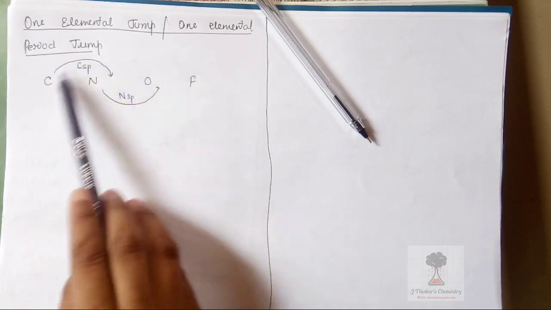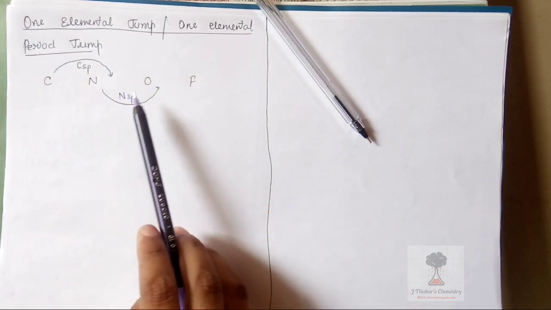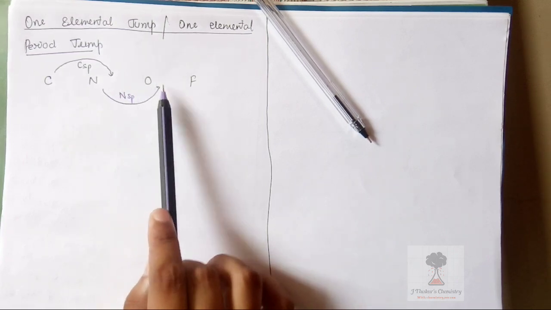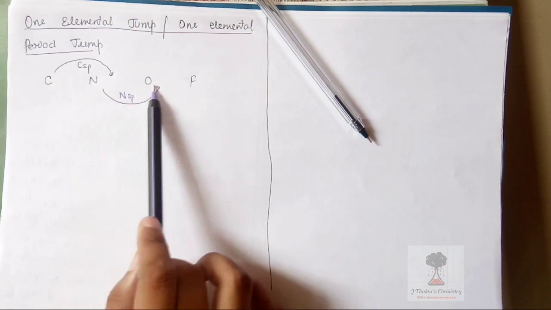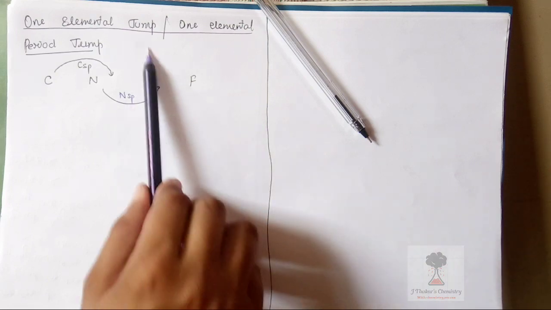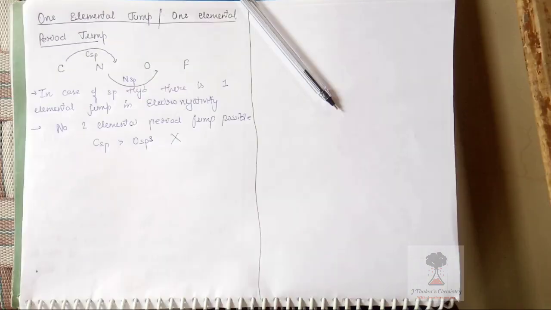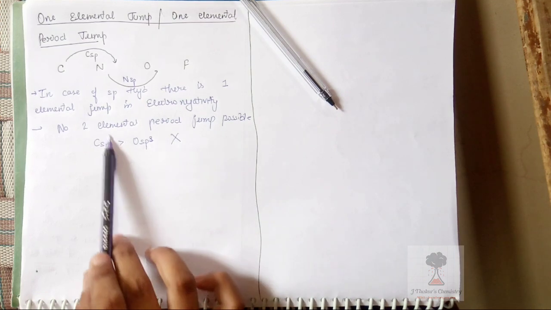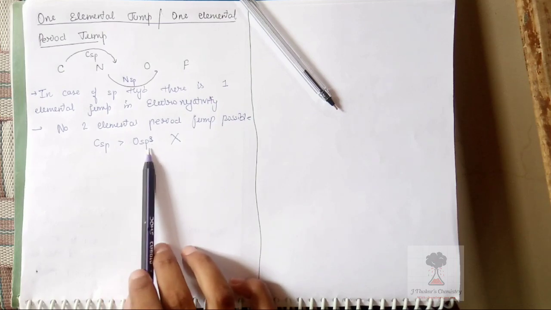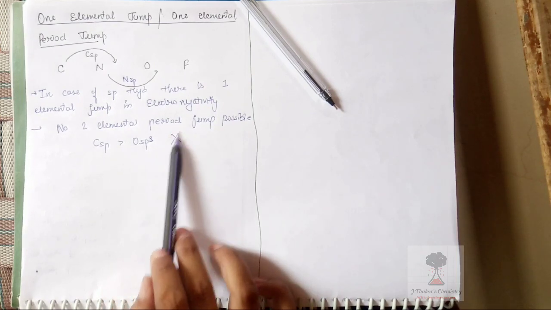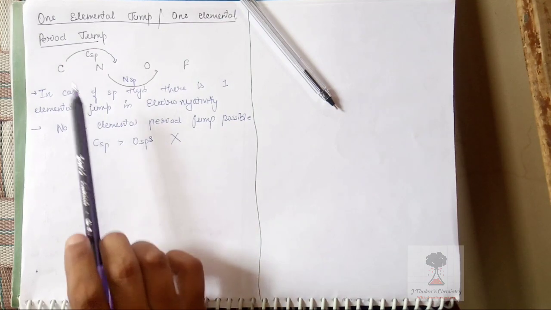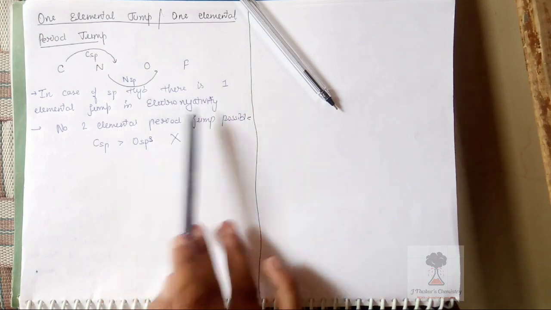So in the case of sp hybrid, there is one elemental jump in electronegativity, but there is no two elemental jump along the period. Two elemental jump would mean carbon sp electronegativity is greater than oxygen sp3 electronegativity, but this is not possible in the modified electronegativity principle. So only one elemental period jump is possible.